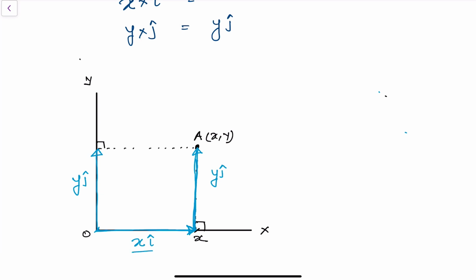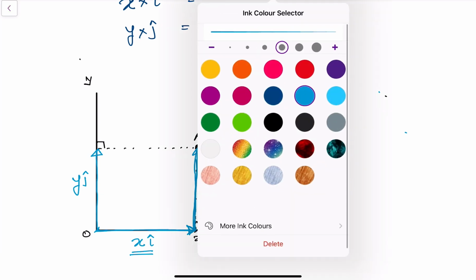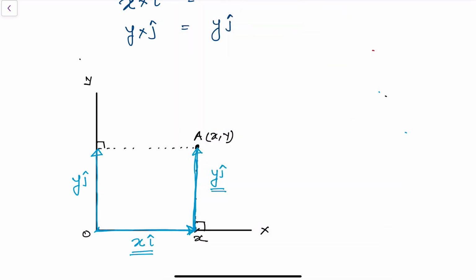We have two vectors. One is x I cap. On the head of this, we have another vector which is y times j cap. So that means these two vectors are put in a triangle law formation. Correct? So where will be the sum vector? Yes, the sum vector will be from the tail of x I cap to the head of y j cap.